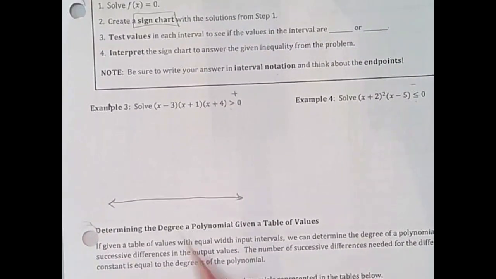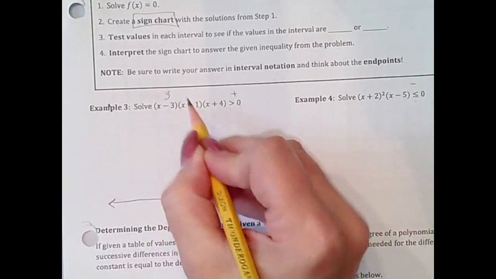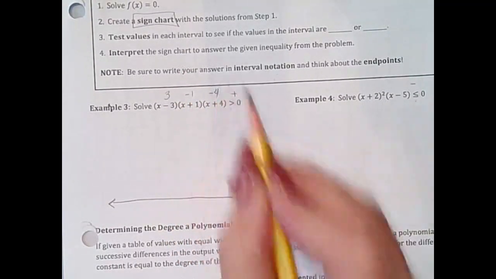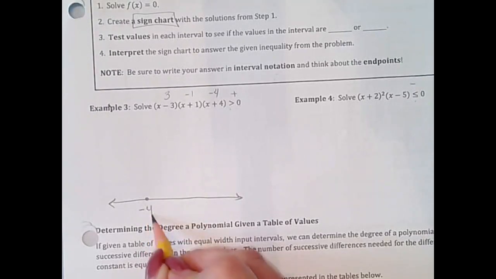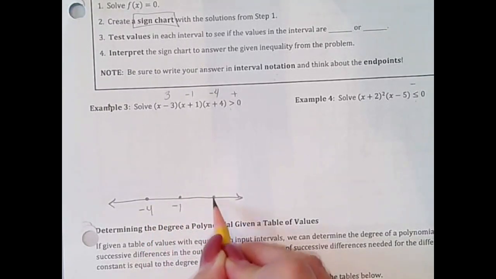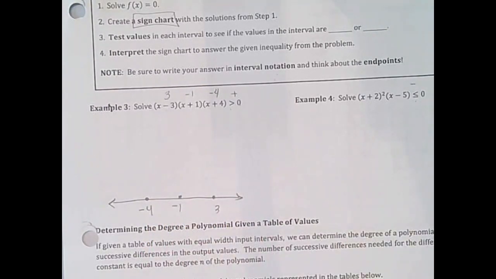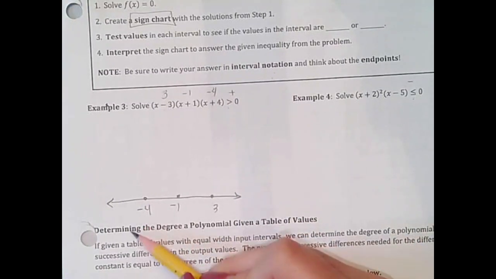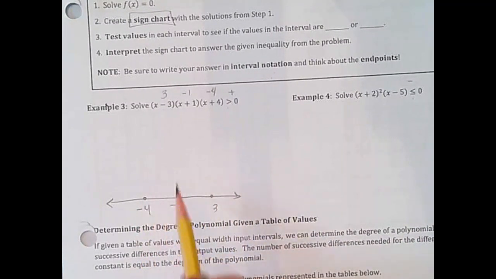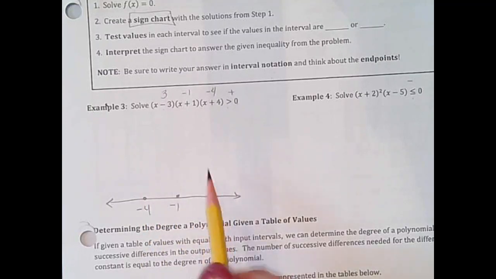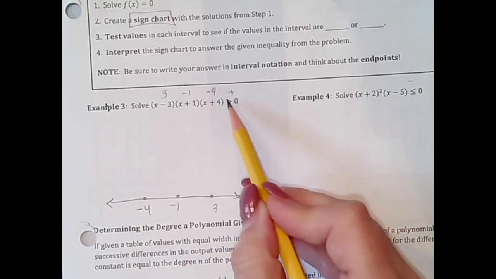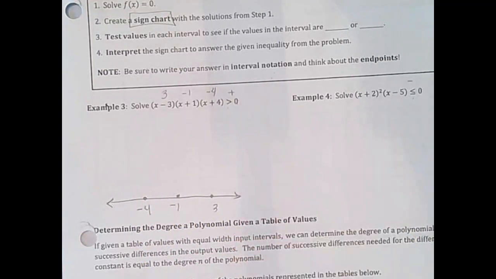The zeros for this are 3, -1, -4. Let's plot them, left to right, obviously: -4, -1 and 3. Okay, fine. These are ours. Now what we want to know is, if you drew your polynomial, where are our values going to be greater than 0? So this is what we're going to do.